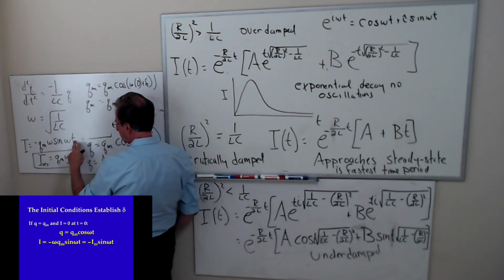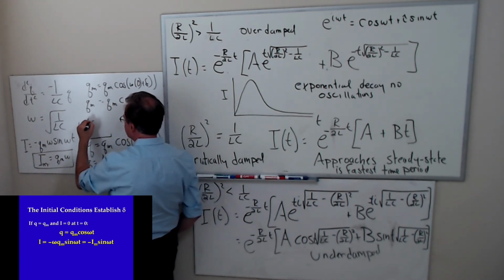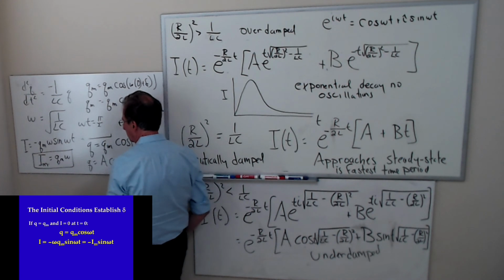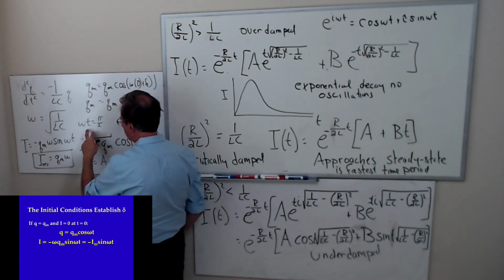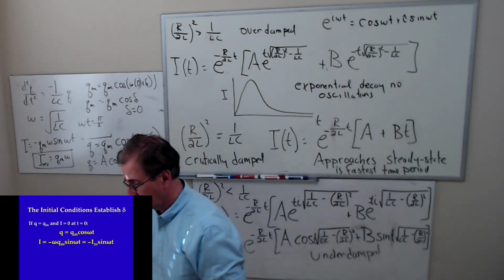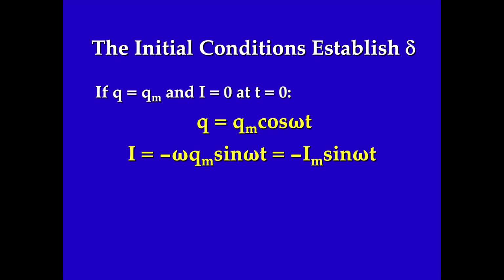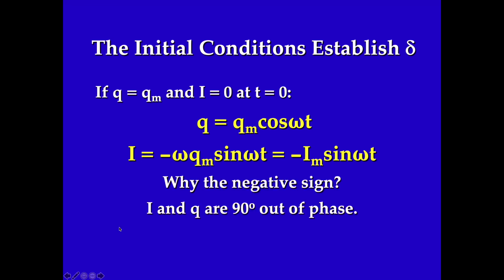That's when omega t is equal to pi over 2. This is the current when omega t is pi over 2 or 3 pi over 2, etc. And the negative sign just tells you that the current and the charge are 90 degrees out of phase.